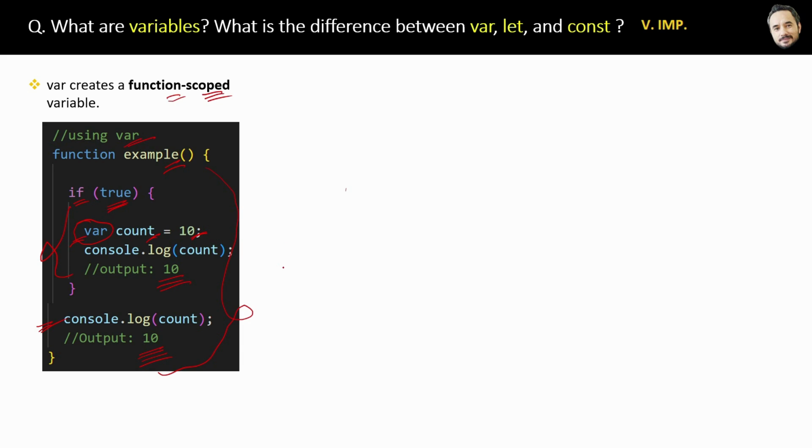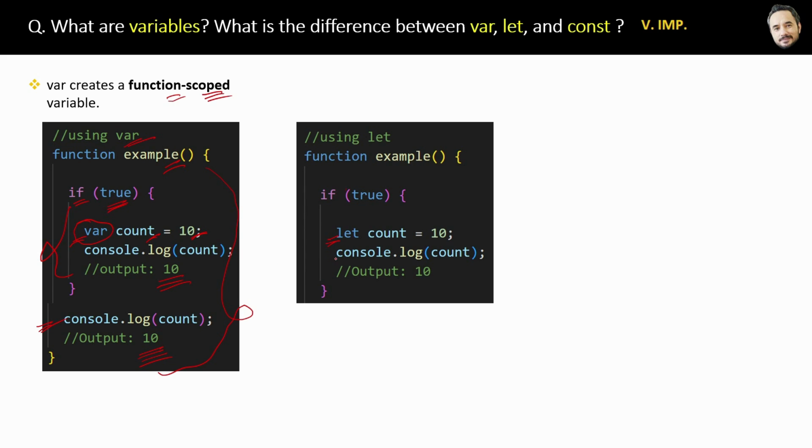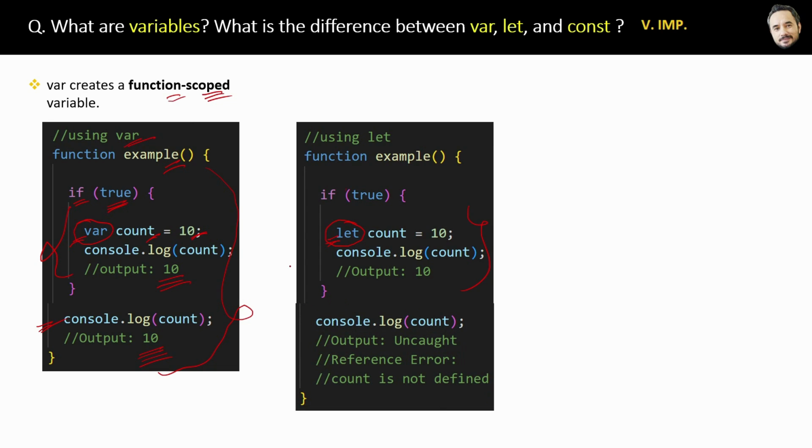Therefore, as a solution, the better way of defining a variable is now using the let keyword. Here is the same code, I just replaced the var count variable with the let keyword. Now this let variable will work only inside the if block. And if you try to access this variable outside the if block, you will get the error: count is not defined.